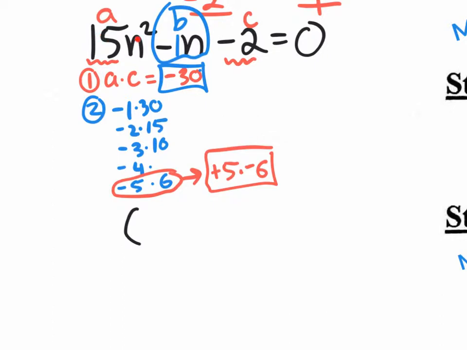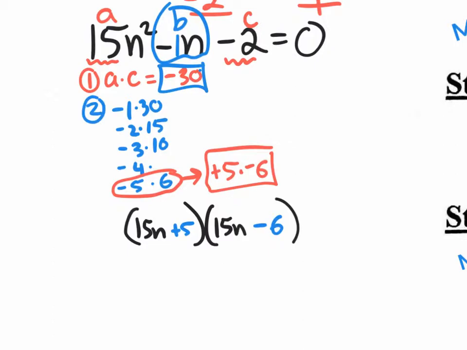The A value is 15. We don't have X's, we have N's. So I want to put a 15n right here and a 15n right there. Now, what about the blank spots here? What do I fill this in with? With the +5 and the -6. So put a +5 there, a -6 here.